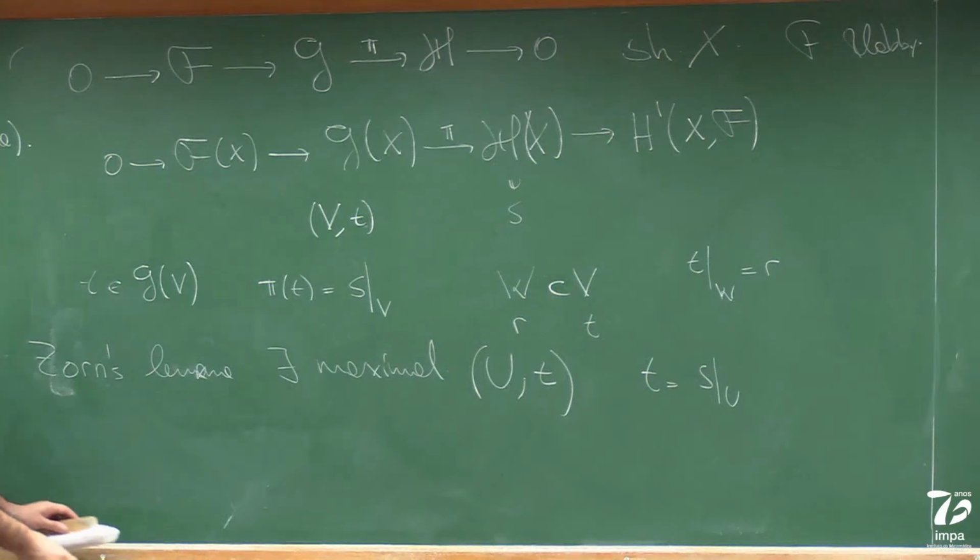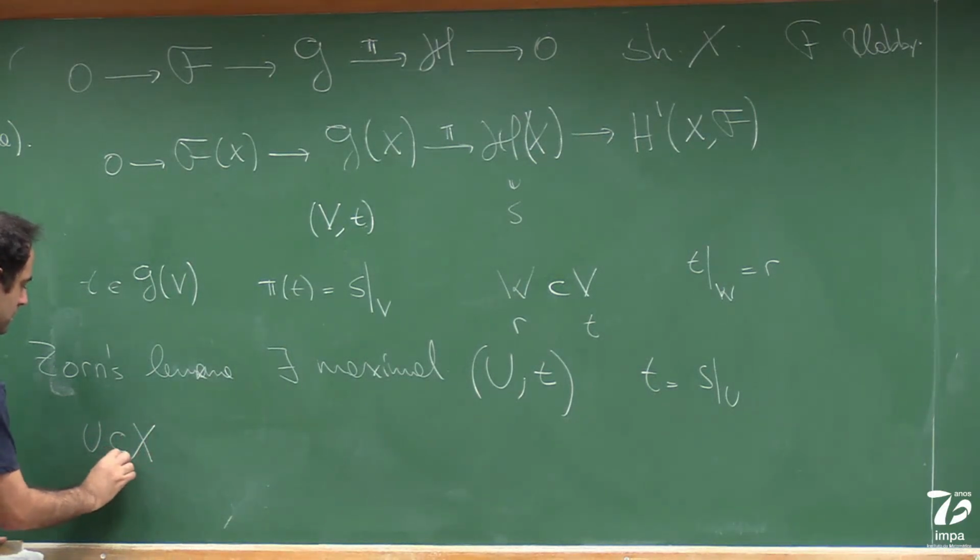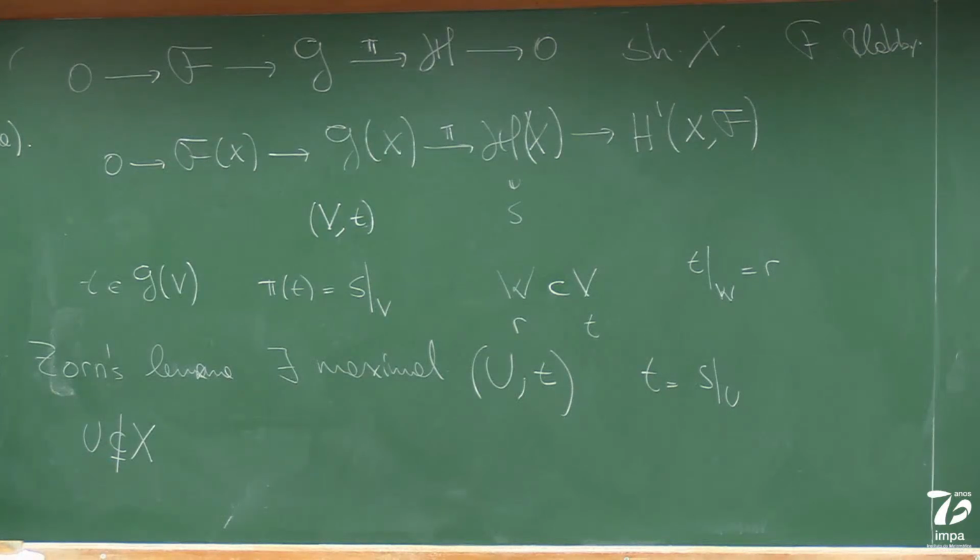So let's suppose that U is not X. And we have some point, therefore, that is not there.